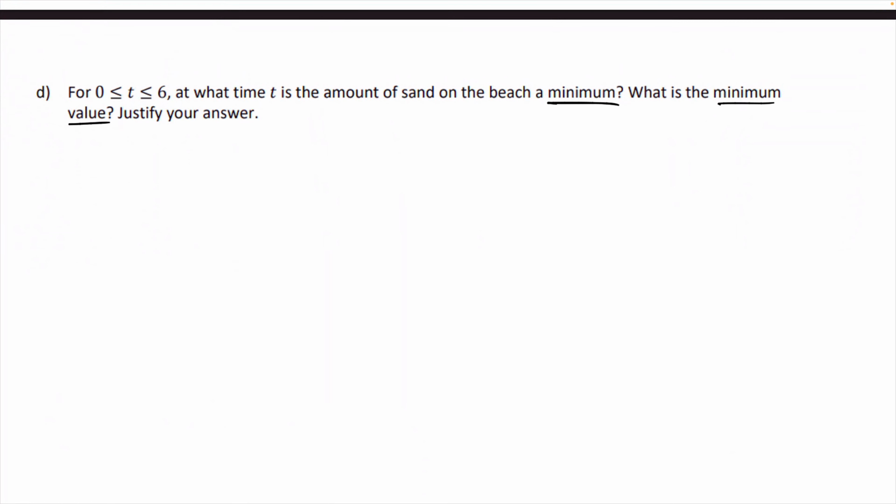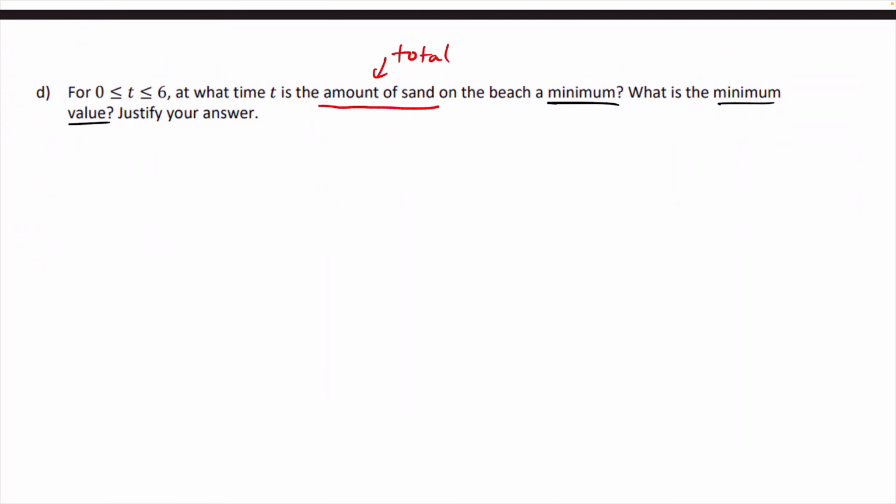Justify your answer. Amount, right? This is a total. Justify. Okay, we kind of know that one, y of t. Isn't that y of t?